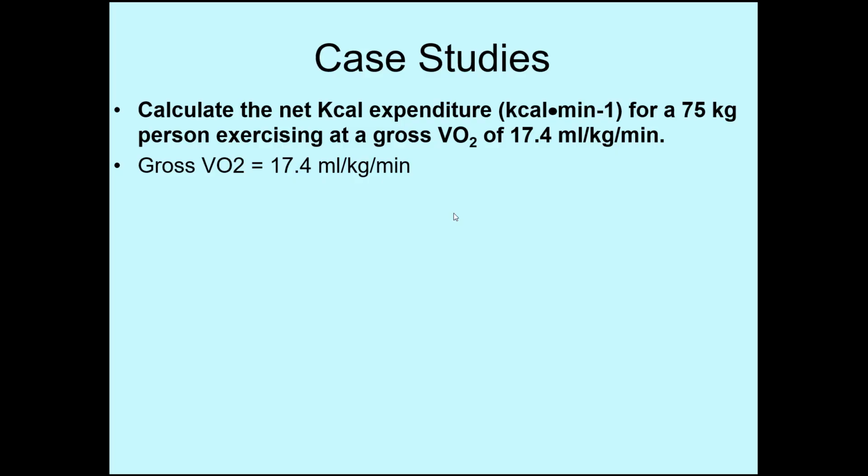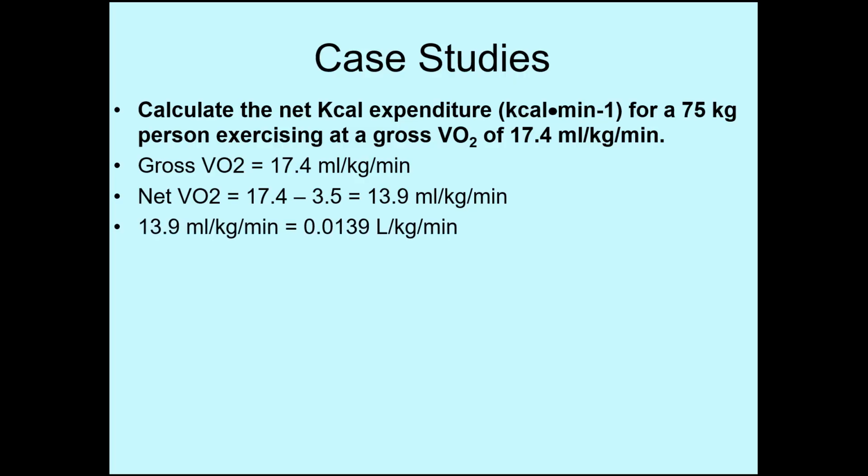So the gross VO2 is 17.4. The net VO2, to get it, we just subtract 3.5. Now we have 13.9. So then we're good to go. We take that 13.9, need to convert it to absolute units. Easy step first. Convert milliliters to liters. Multiply that liters per kilogram per minute times their body weight.